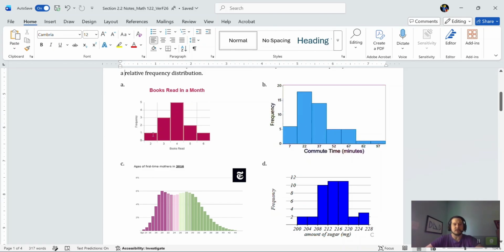So there would be 1 person that read 2 books in a month, 3 persons that read 3 books in a month, 5 persons that read 4 books in a month, 2 people that read 5, and 1 person that read 6. Okay, and so we are essentially providing a count of the number of people in here, and further classifying the number of books that they've read in a month.